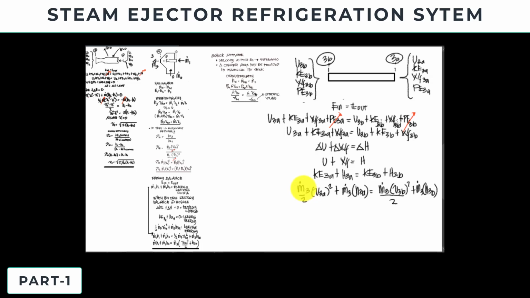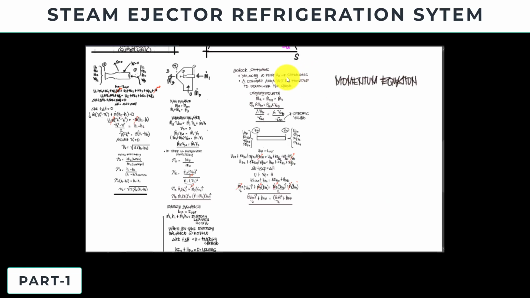We can cancel the common mass flow rate, and rewrite the equation as the velocity 3A squared divided by 2 plus the enthalpy 3A, equal to the velocity 3B squared divided by 2 plus the enthalpy 3B.